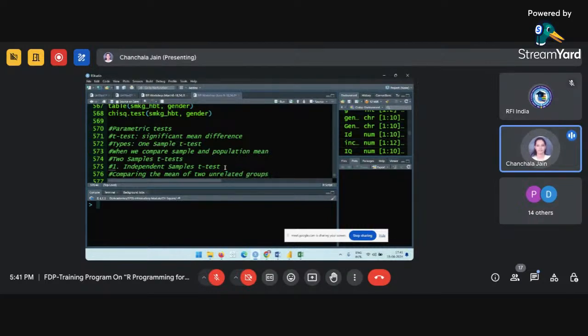The name itself says independent, so the two groups will be unrelated or independent. This way you compare the mean of these two groups and say whether both samples came from the same respective populations or not. This is the purpose of the independent samples t-test.